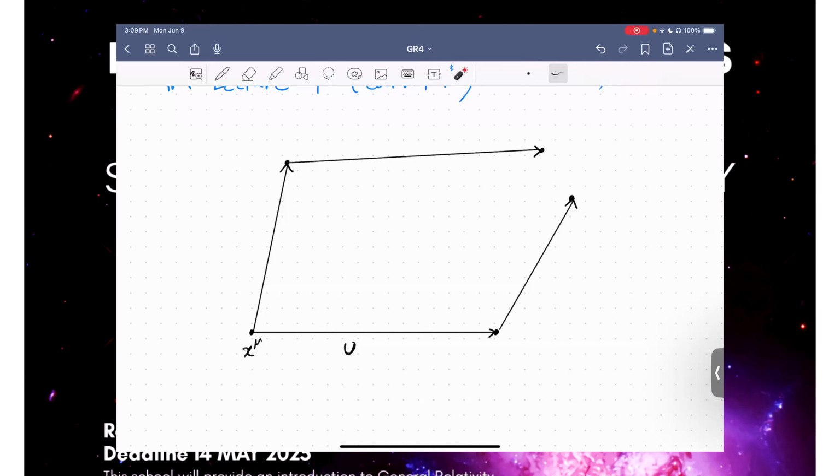Recall that starting from any point on a manifold, a vector defines an infinitesimal displacement of the point, the point where we end up at the end of that vector. So you can think of this as a point that's very close to x, separated by a vector u.